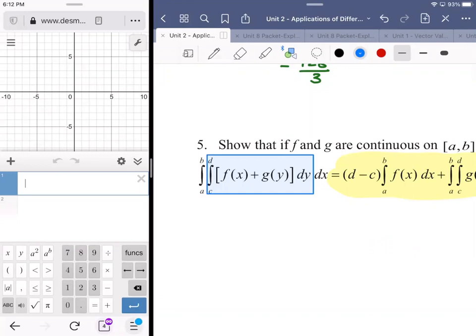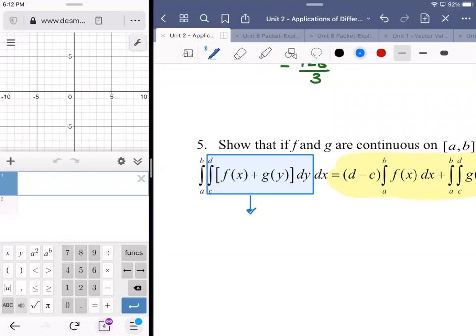Now, the good news is, or one bit of good news, there's lots of good news. But if I can categorize all the good news into one group, that group would have a title of Calc 1 rules still apply. Calc 2 rules still apply. In this case, if I have something like the antiderivative of a sum, I can take the antiderivative of each piece of that sum separately.